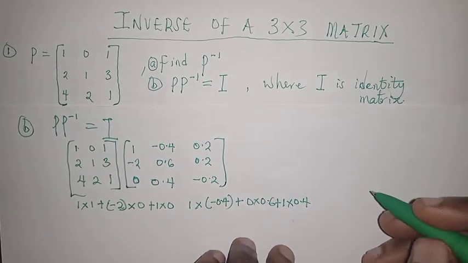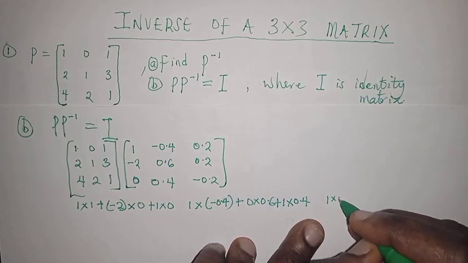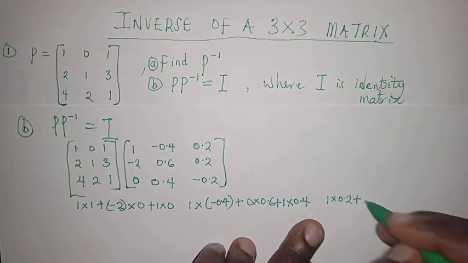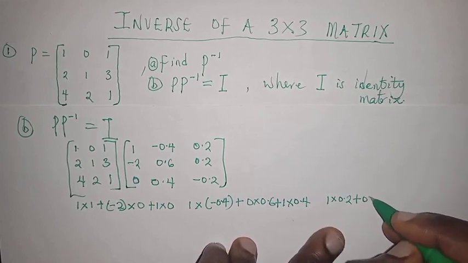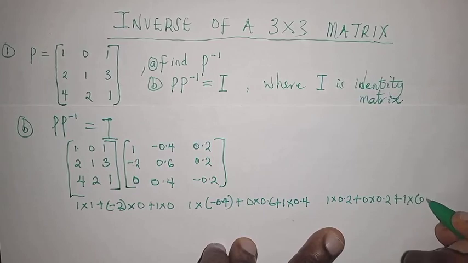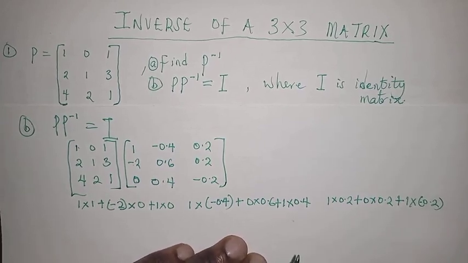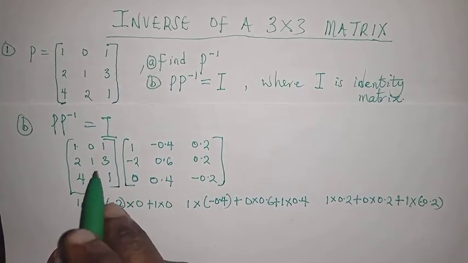Then we also are going to do 1 times 0.2 plus 0 times 0.2 plus 1 times minus 0.2. Sorry, this is actually negative. Okay, then I'm going to go straight to the next one.